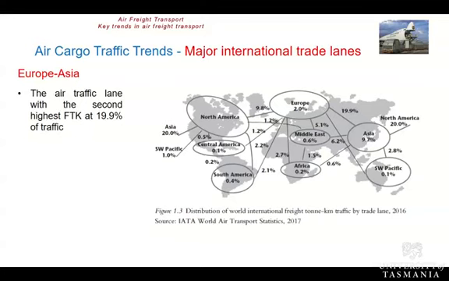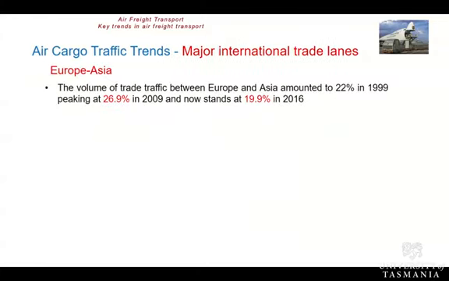The second highest, just marginally below the other direction, is Europe to Asia, Asia to Europe. 19.9% in 2016 were carried on this route. Some of the characteristics: this trade route has taken quite a drop in usage over the last number of years.